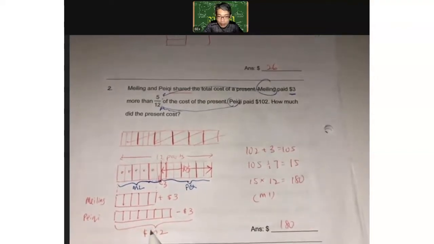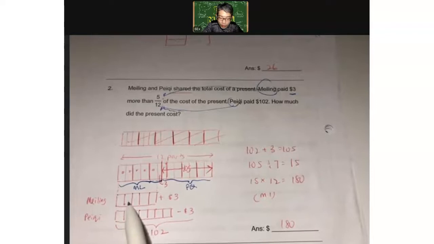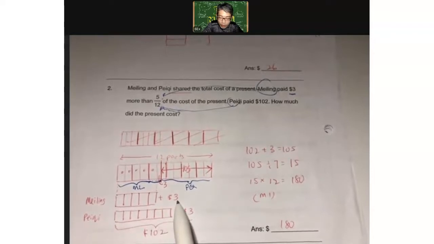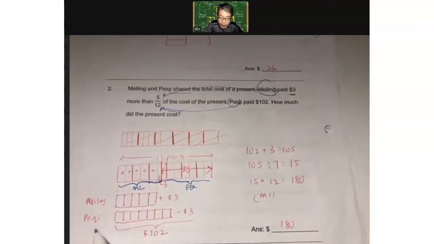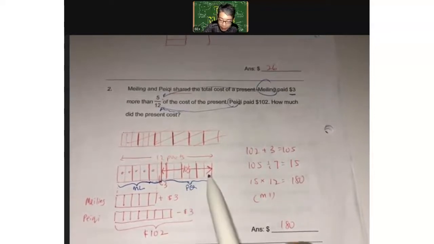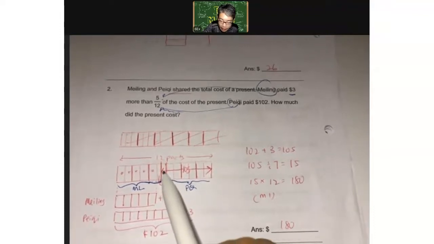Another way you can see this is through this other model. Mei Ling paid 1, 2, 3, 4, 5 plus $3 because she paid $3 more. Pei Qi paid 1, 2, 3, 4, 5, 6, 7 and take away $3. If you can understand this, then we take a look at Pei Qi. Pei Qi paid 1, 2, 3, 4, 5, 6 and something here.